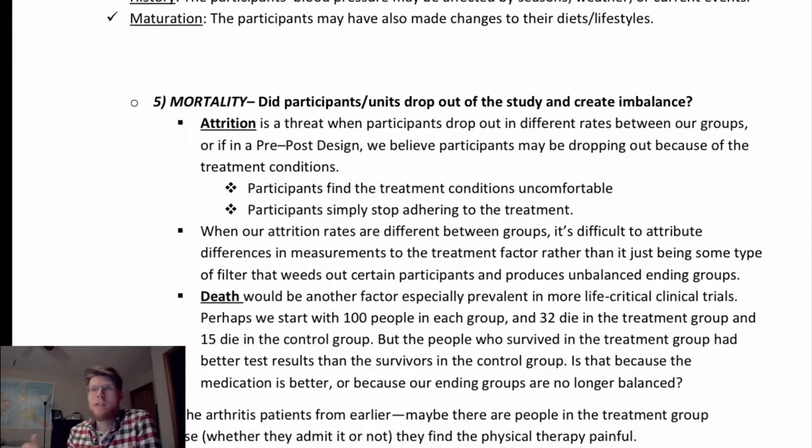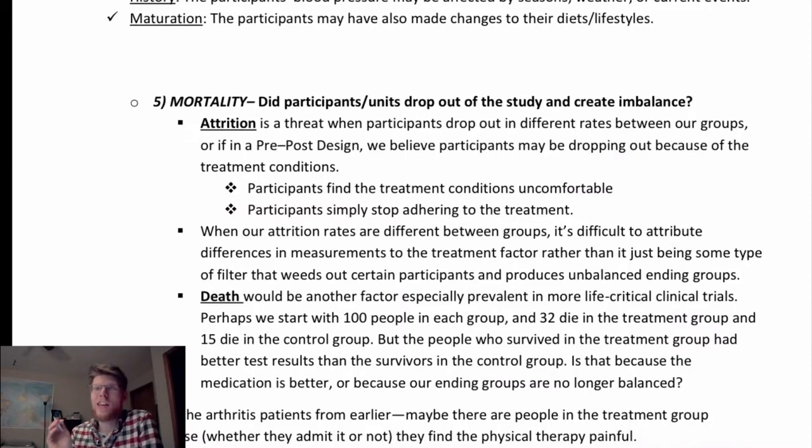However, if people are dropping out for very different reasons, like maybe people are dropping out of the treatment group because it's too hard, like it's too much, or people are dropping out of the control group because they're bored or they don't think they're getting anything from it, those are different reasons, and that could be something that's systematically affecting my results.